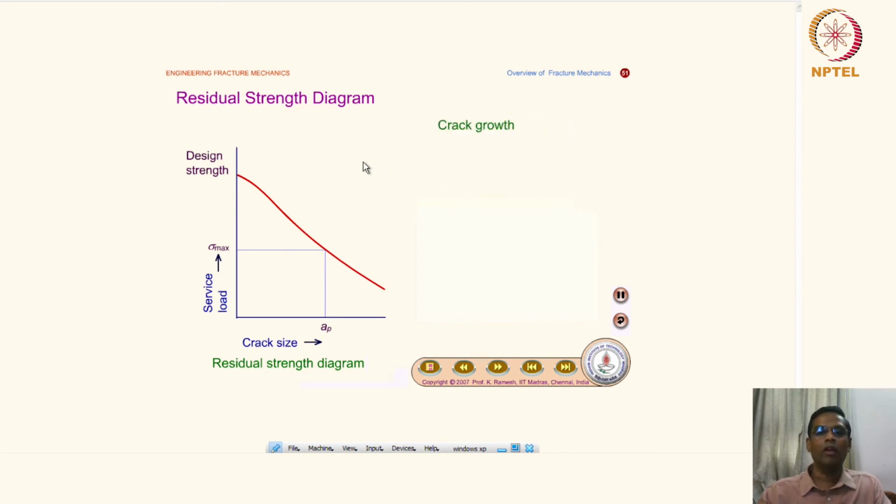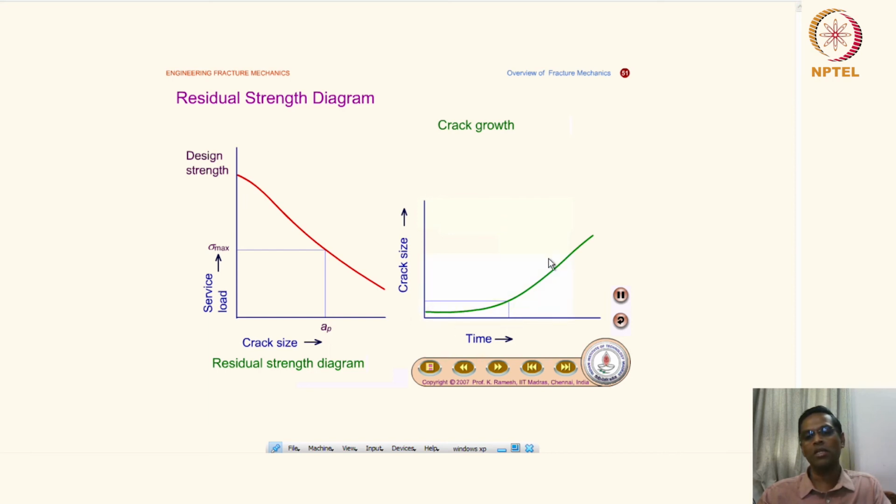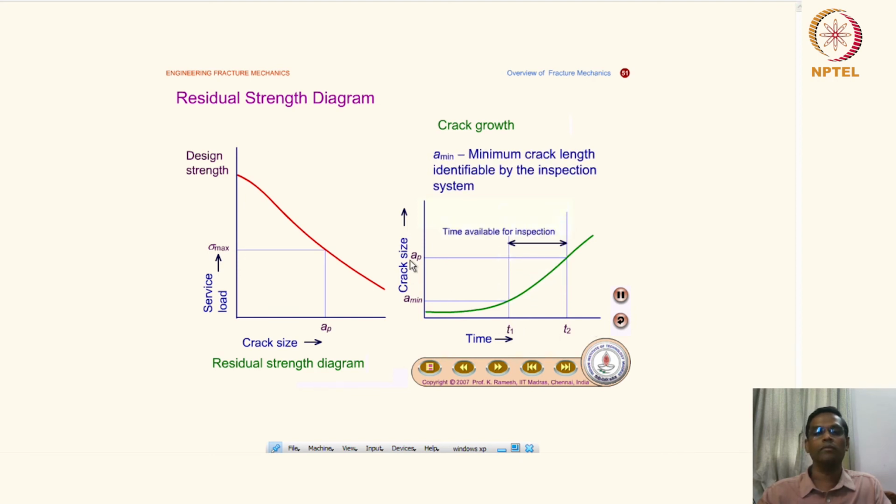And we'll also see how the crack growth curve will look as a function of time, the crack size, and then there's a time plot which looks like this. You can also take this data as a function of time, t1, t2, how the crack is growing, and then the time available for inspection, the total life.